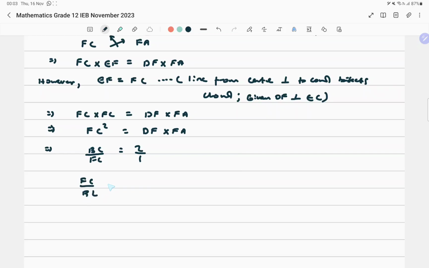FC over BC is going to be 1 over 2. Just transpose that. It means FC is going to be BC over 2. Can you see? So this is what we need. So instead of writing all of the shenanigans, we just substitute there. Nice and easy, this story.